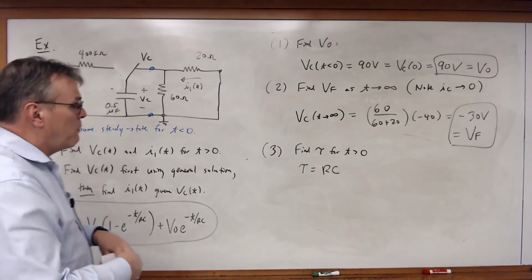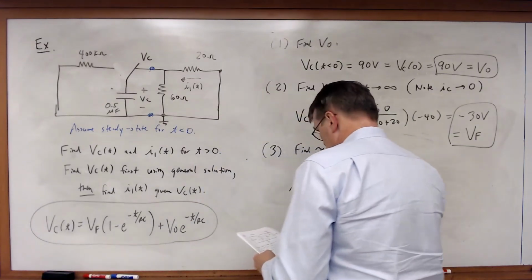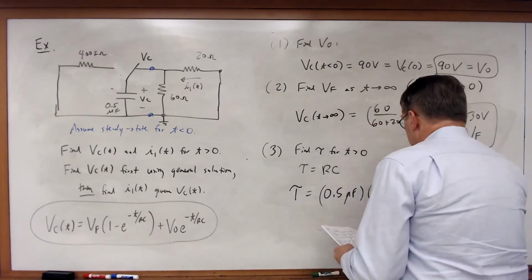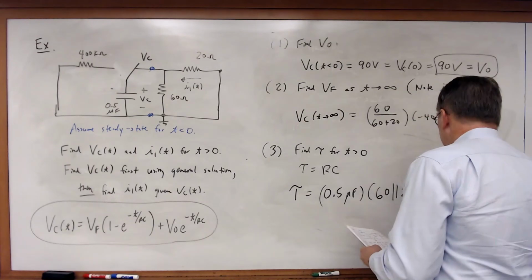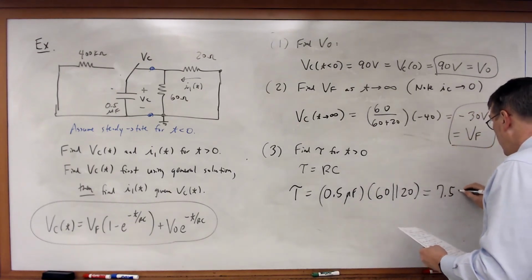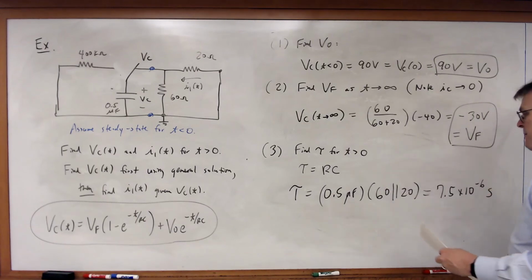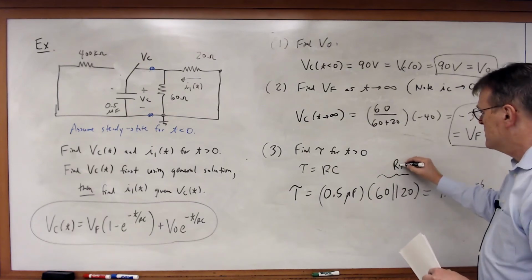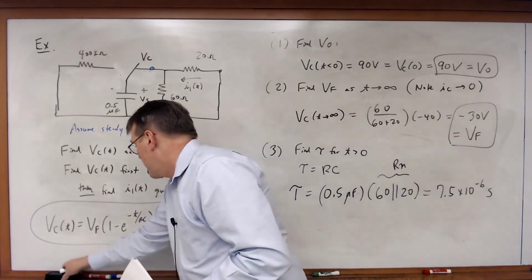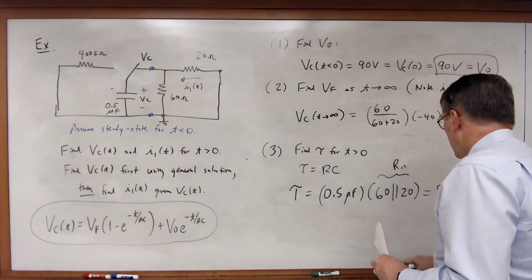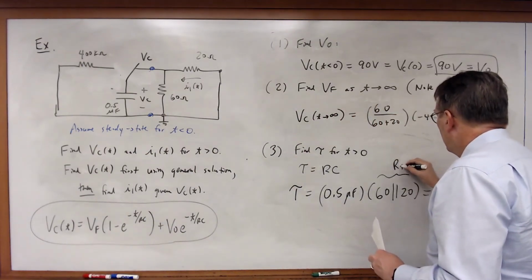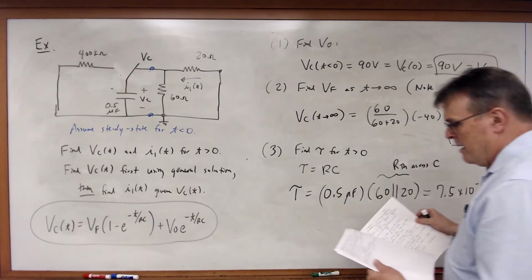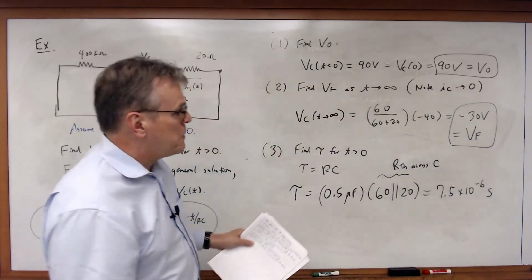And so in this case, what I wind up with is that tau is equal to 0.5 microfarads times 60 in parallel with 20, which is equal to 7.5 times 10 to the minus 6 seconds. So again, that's just nothing but the Thevenin resistance across C. And I can now plug these values into the general solution.